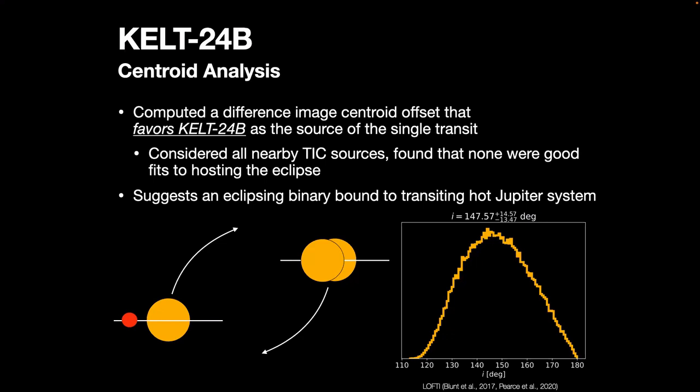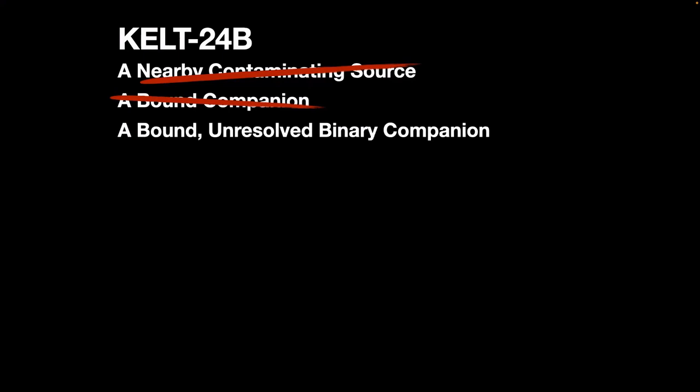So this is sort of currently our best belief of what this picture might look like for these 2 stars. So what started as a nearby contaminating source that Rodriguez et al. modeled in their SED, we thought that's not really quite right. Actually, it's probably a bound companion. But it's not actually just bound, it's more complicated than that because it's an unresolved binary.